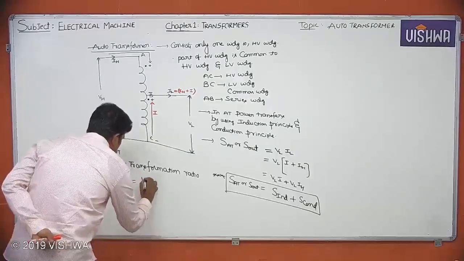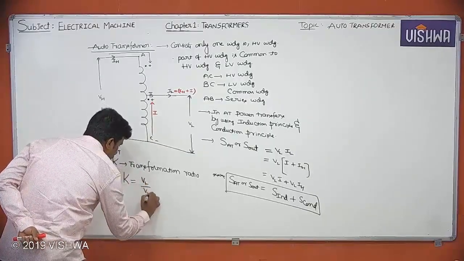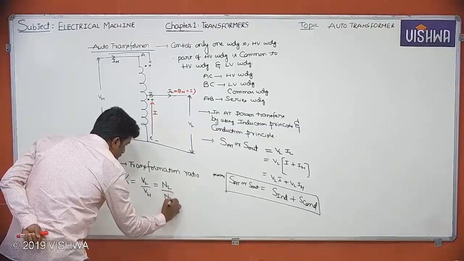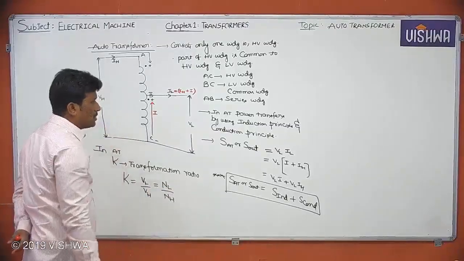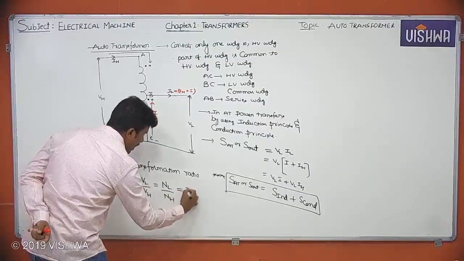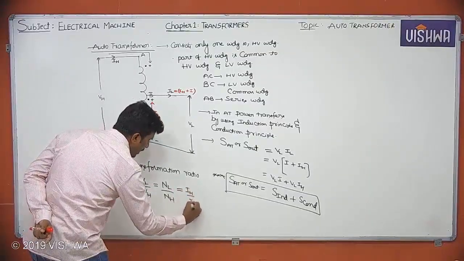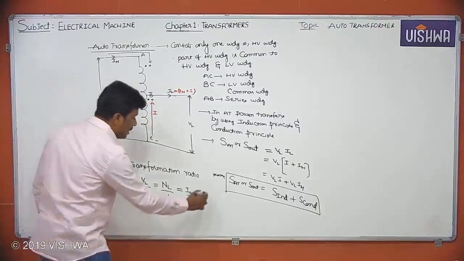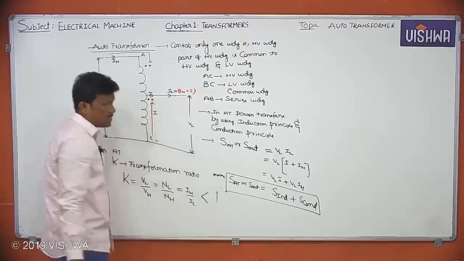K is always equal to VL by VH, that equals NL by NH. Why? Number of turns is directly proportional to voltage. Therefore, VL by VH equals NL by NH equals IH by IL. Can you please tell me this K value is less than 1 or greater than 1? It's always less than 1.